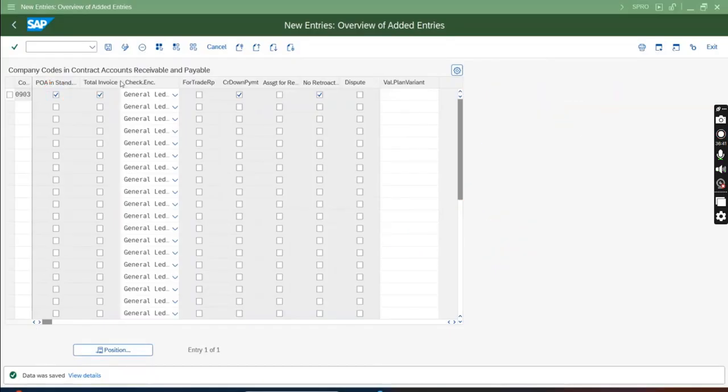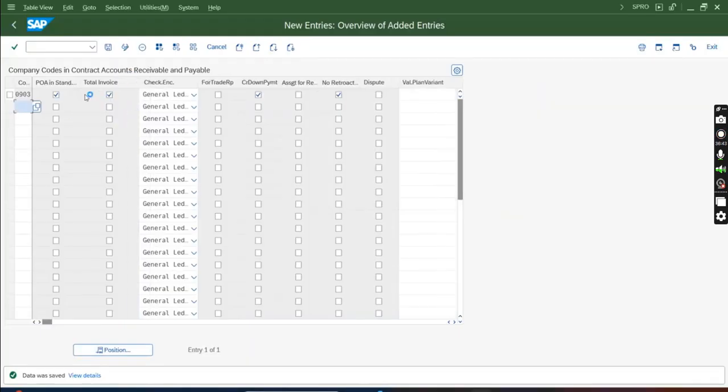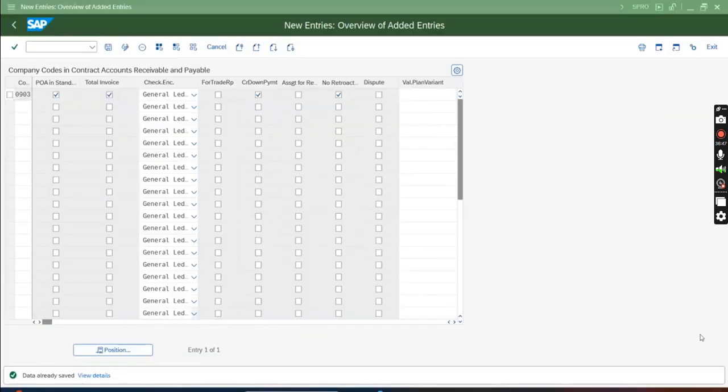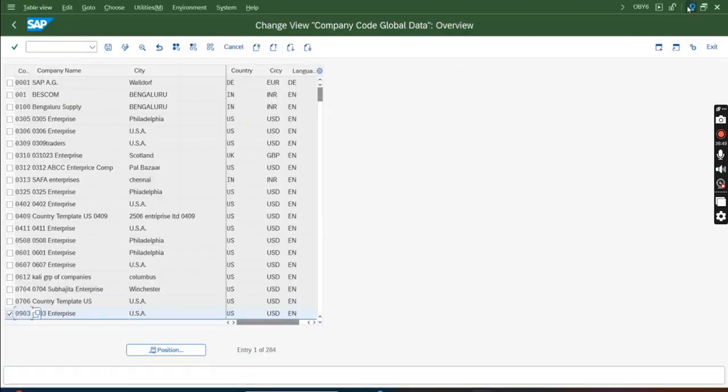Next is total invoice. Understand this concept of total invoice. For that, I have to explain it in Excel. Let me open Excel.